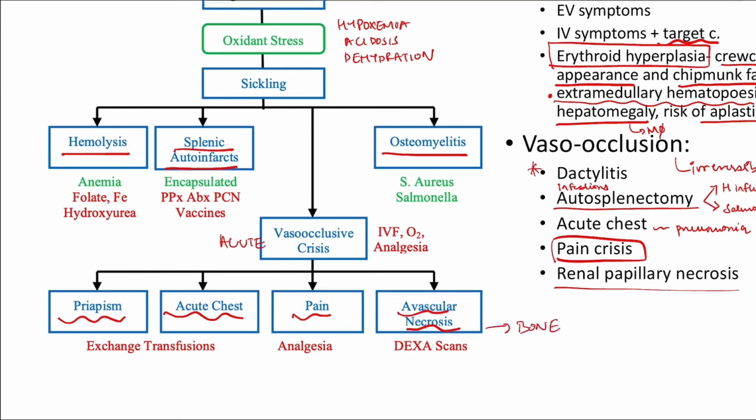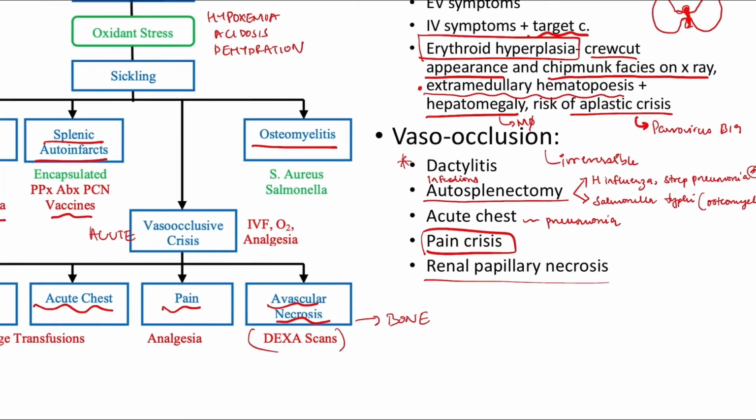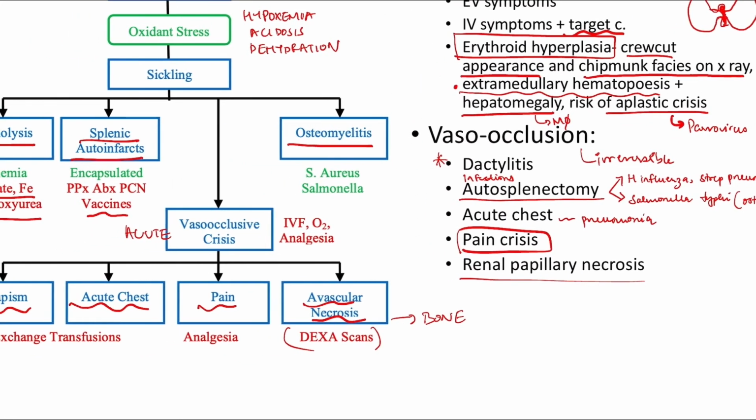So for the diagnosis of each one of these, you can just use DEXA scans for this one. As for the treatment for just about everything else, for hemolysis, you replace folate, iron, and hydroxyurea. For splenic autoinfarcts, you can use vaccinations to make sure that you can prevent the death of these children from Haemophilus influenzae or strep. You can also give them antibiotics prophylactically.